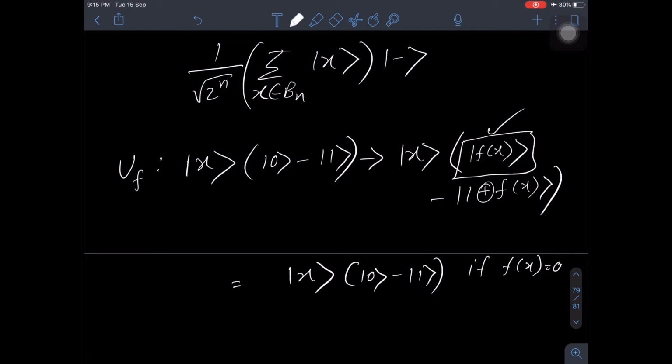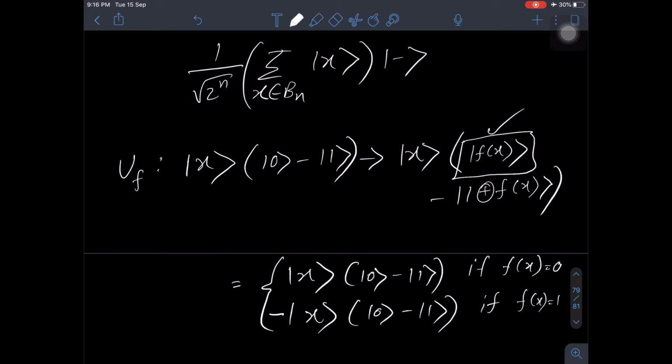Okay, but I'll have a minus sign and have a 0 and a 0 minus 1 if f of x is 1. How? Because the first term will be 1 and the second term would be 1 XOR 1, which is 0, and you take a minus on the common, then you get this exactly.